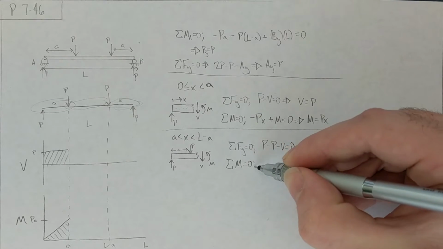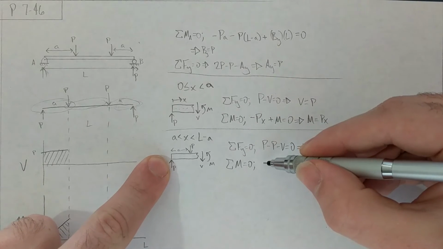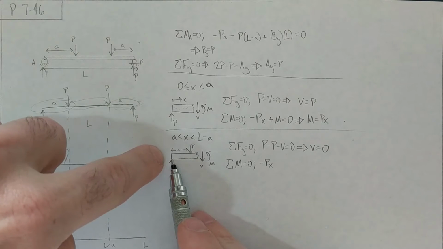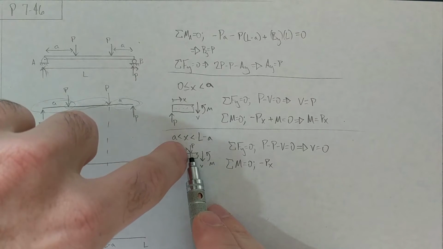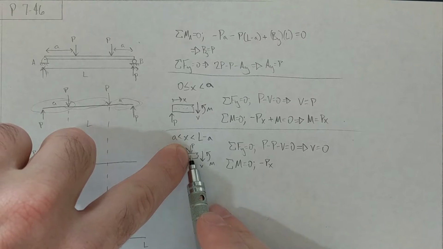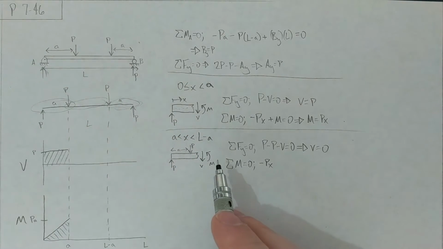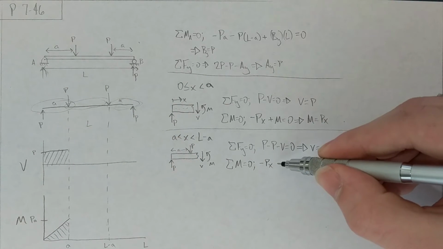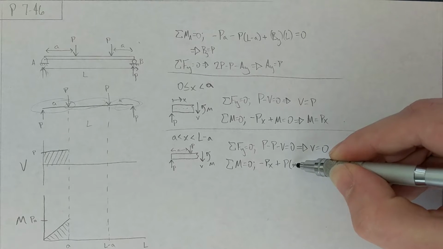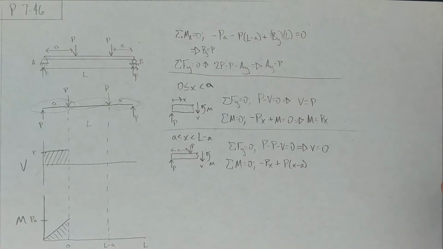Alright. M. We have Px from last time, the minus Px. And then once we get to distance A, now this point force starts to make an impact, and as we go further from there, it's pushing the bar counterclockwise. And so that one's going to be plus P times x minus A, because it only starts to count once we're a distance A in, okay?